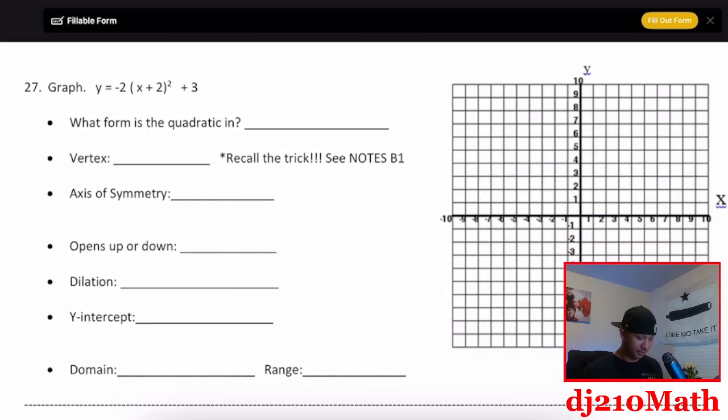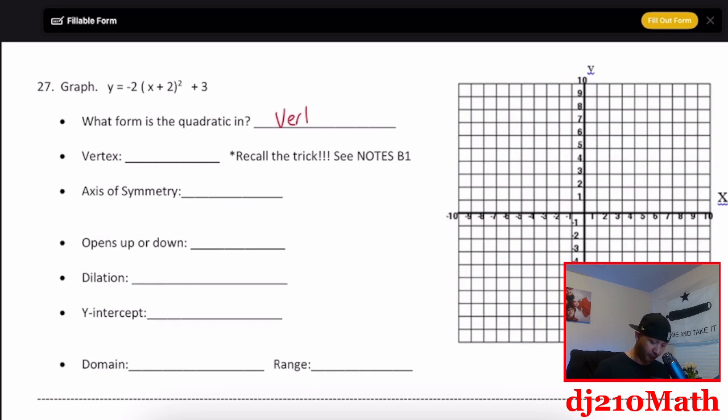27. All right, I want to graph this thing. What form is it in? It is in vertex form. The vertex inside lies, so this is going to be negative 2, comma 3. Outside tells the truth, just like in the last problem, or a few problems ago. So the vertex is negative 2, 3.